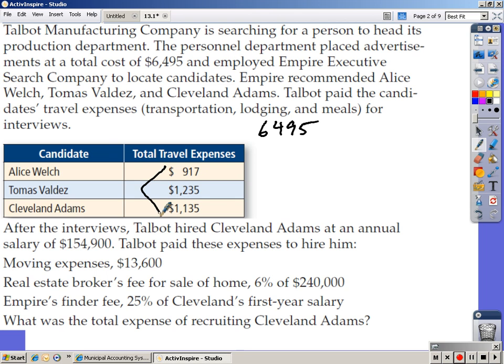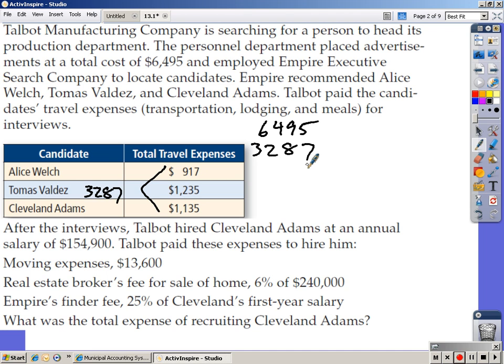Let's go ahead, let's add those up. 917 plus 1,235 plus 1,135 works out to be 3,287. Okay? Those are all the travel and transportation expenses. 3,287. We're going to add that to that.